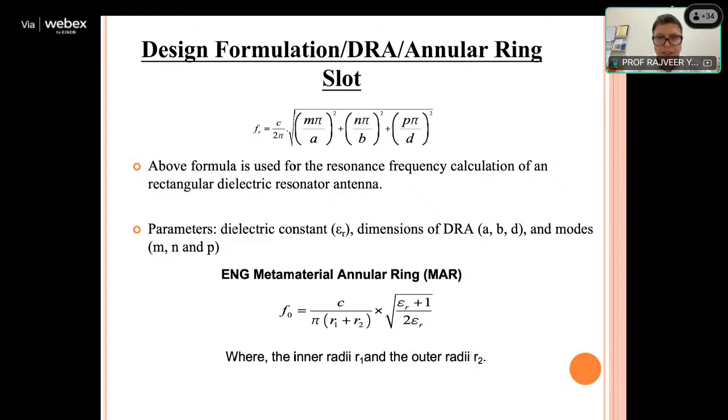If you see here, this is very important. ENG metamaterial annular rings which we have used to control our dimensions. So this ABD has been now made. So far these ABD were only dependent on this fr, which is being given here. This fr was dependent on ABD.